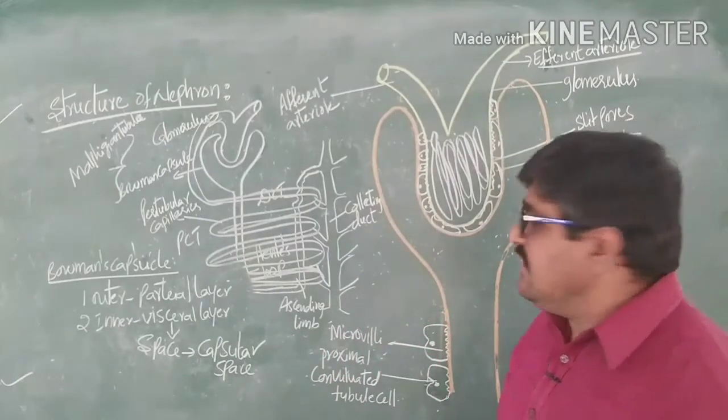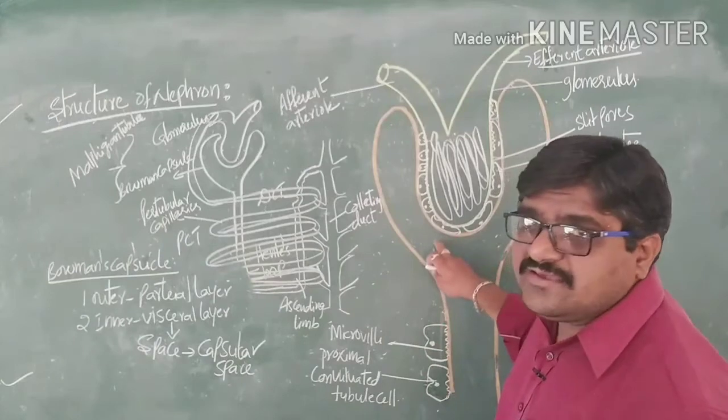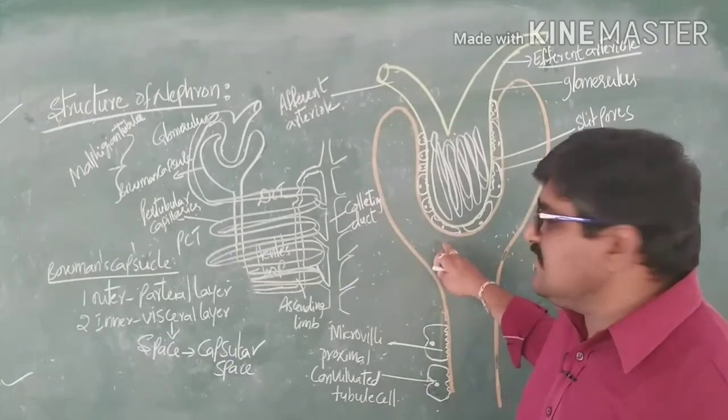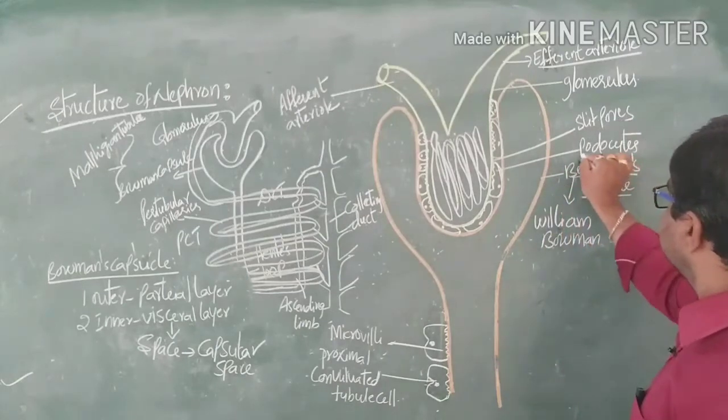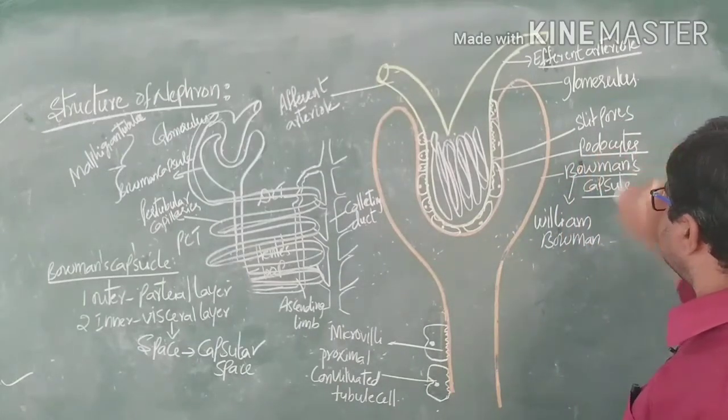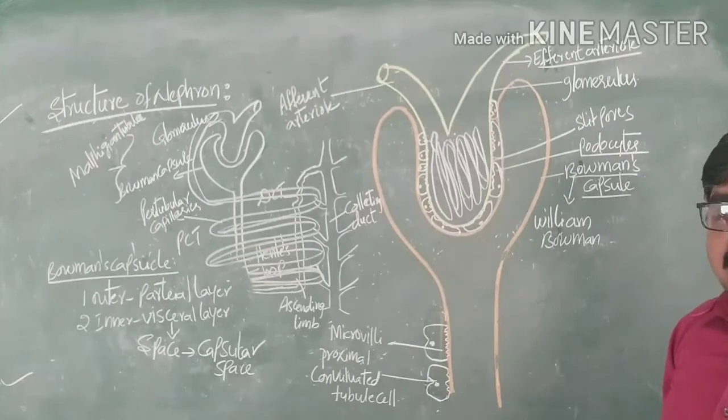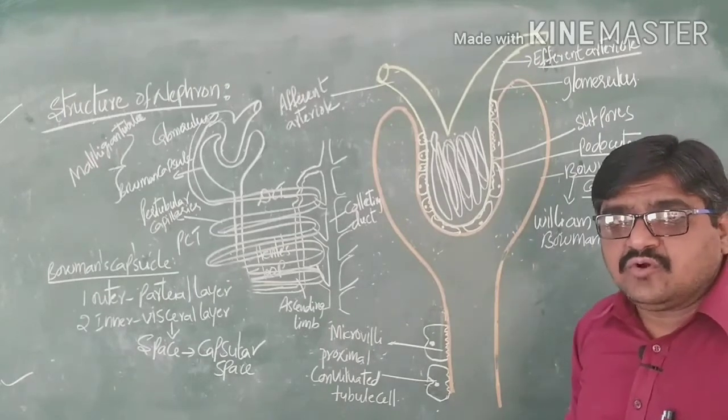The layer consists of cells, and these cells are called podocytes.